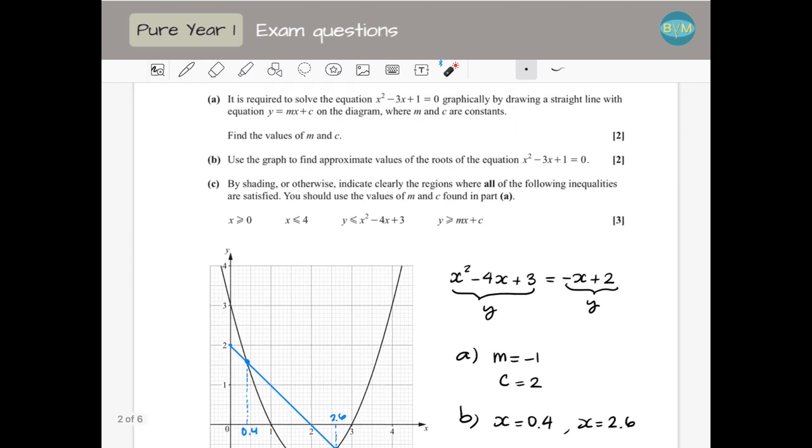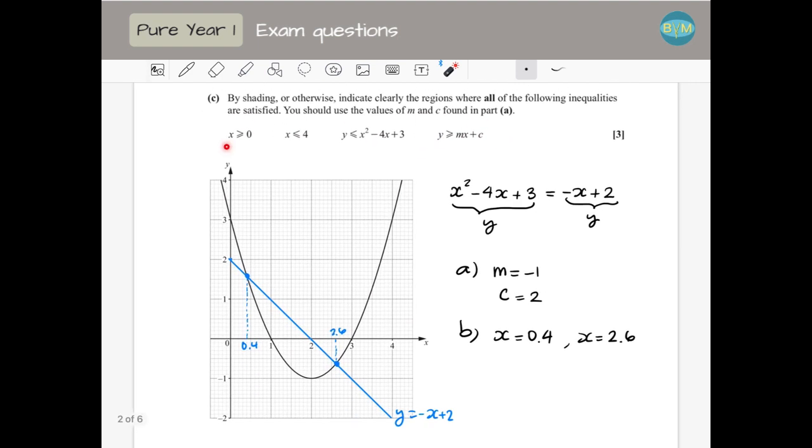And then for c, they say by shading or otherwise indicate clearly the regions where all the following inequalities are satisfied. So all of them. So let's go one by one. x greater than or equal to 0 means above the y-axis. And I'm going to delete this so we don't have too much mess in the drawing.